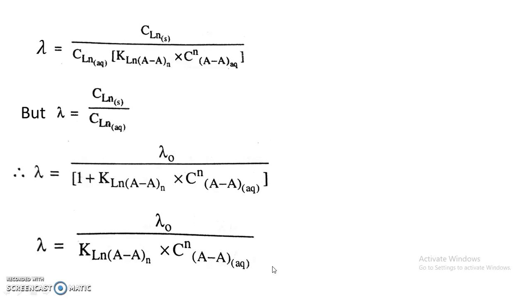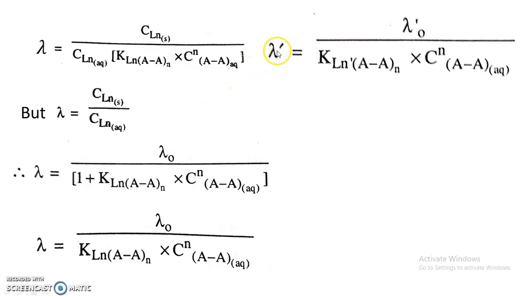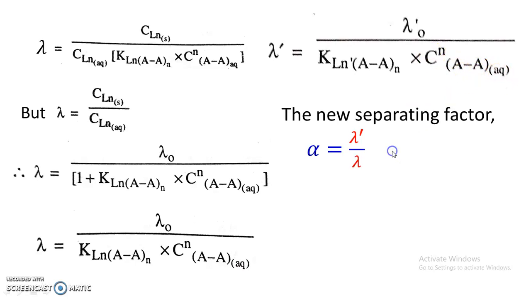Now for the other lanthanide ion, that is Ln dash, we can write the distribution coefficient as lambda dash, which is equal to lambda 0 dash upon K Ln dash An into the concentration of A aqueous raised to n, and the separation factor alpha is the ratio of lambda dash upon lambda.